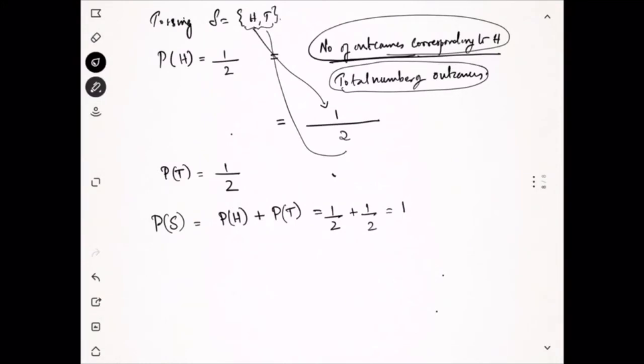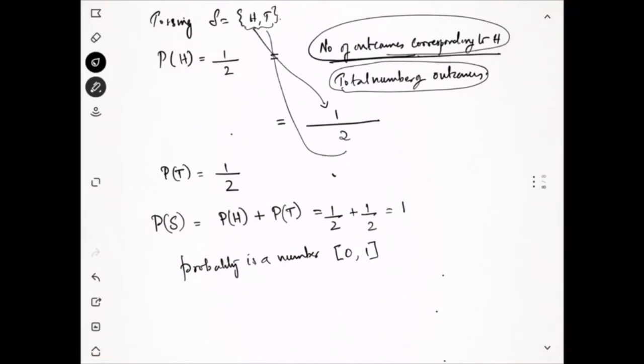So it is clear that probability is a number which is between 0 and 1, including 0 and 1.